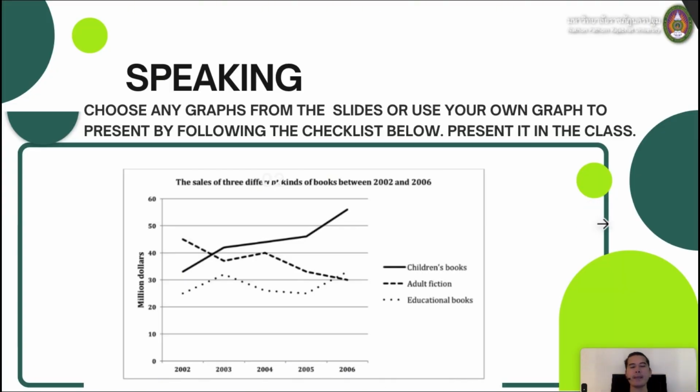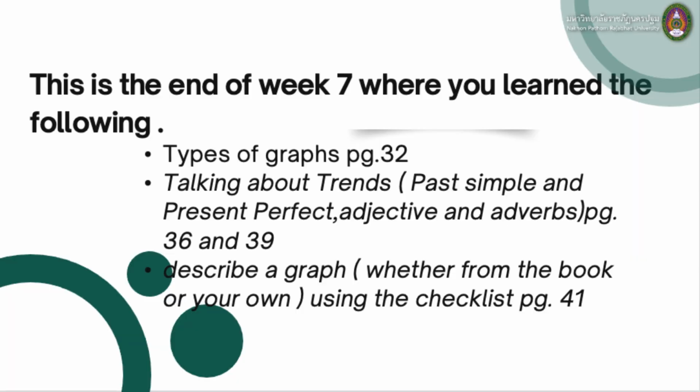Great. Now, this is the end of week 7 where you learned the following. The first one you learned a while ago were the types of graphs on page 32. I hope you could not forget that. The next one is we were talking about the trends using past simple and present perfect, adjectives and adverbs on pages 36 and 39.